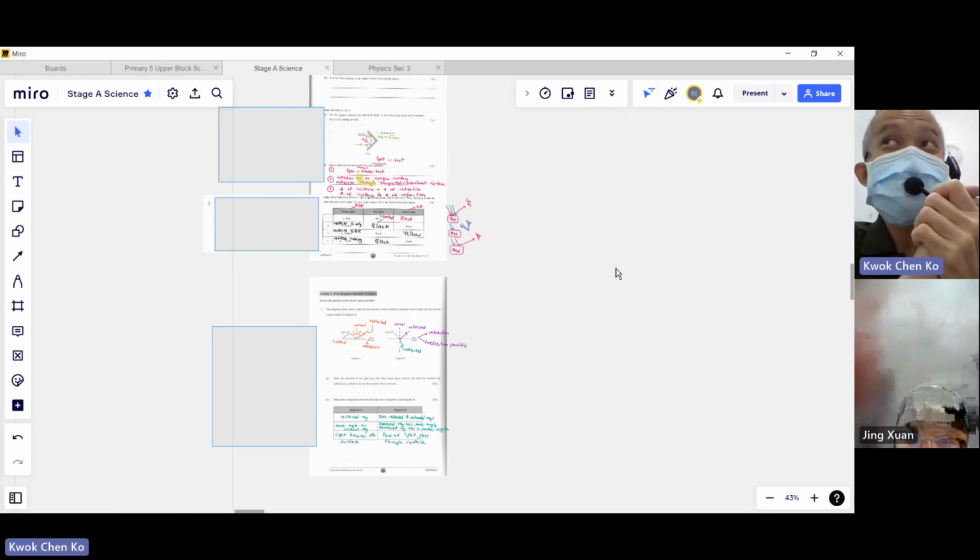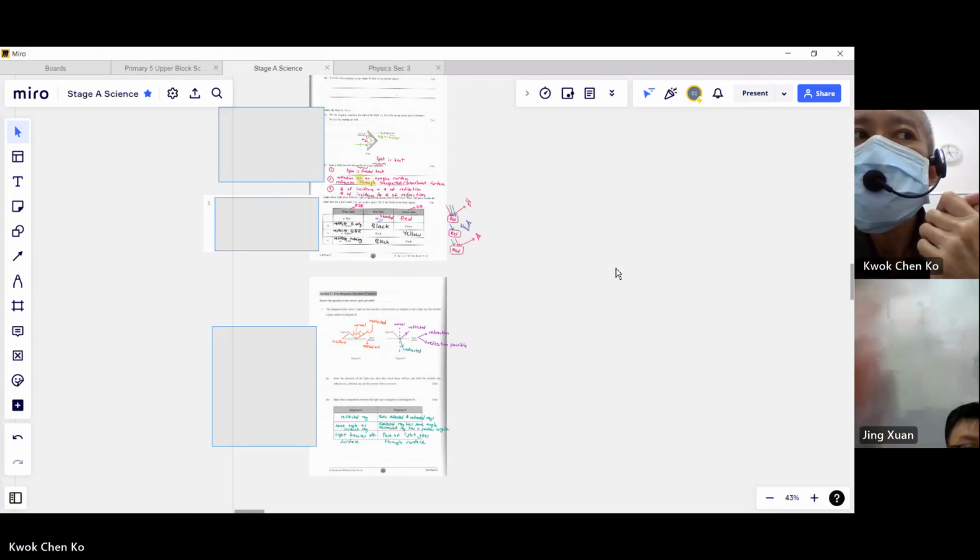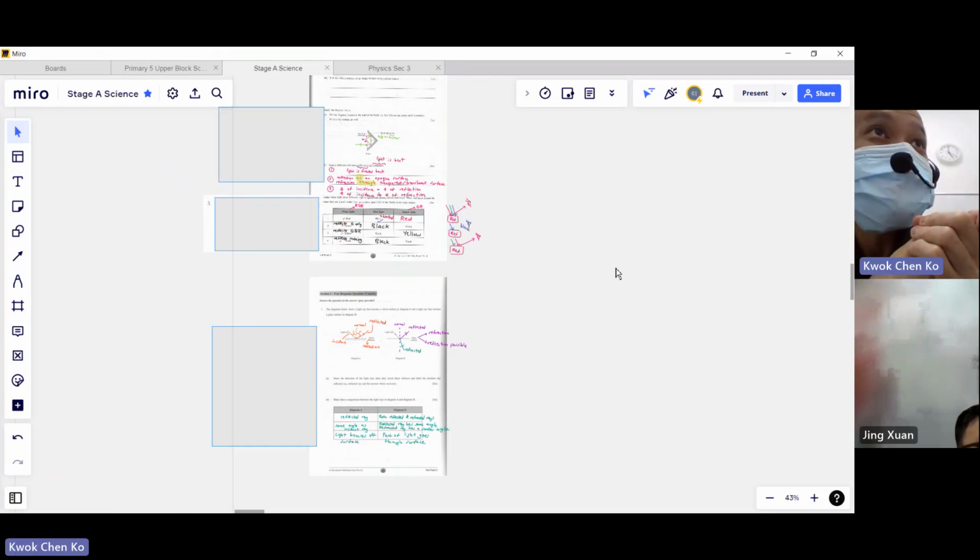Oh, internal reflection. Oh, okay. Need to know formulas? No need. Measure. You need to calculate? No need, right? You need to calculate. Serious? You need to calculate as well, right? Can you remember?